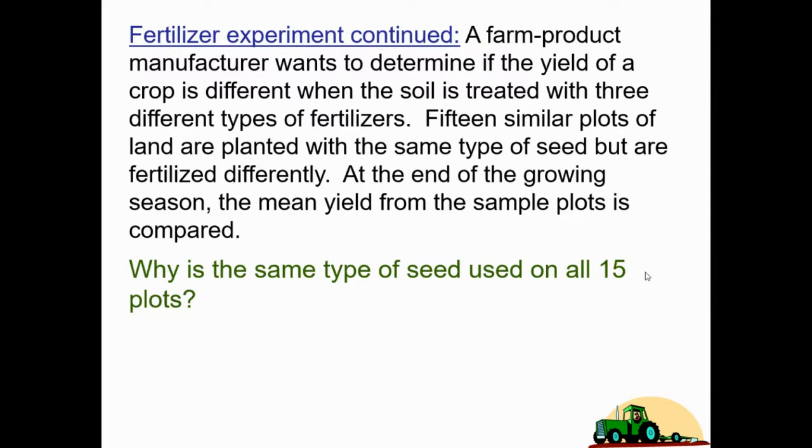Why do they use the same type of seed on all 15 plots of land? Yep. That's right. So what are we trying to do? Have what over the experiment? Control. It's part of the controls in the experiment.